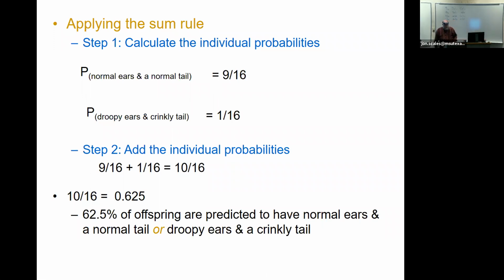So if you reached in there 100 times, you'd pull out either a completely normal mouse or a completely mutant mouse 62.5 times. What about the other 37.5 times? What are you going to pull out then?